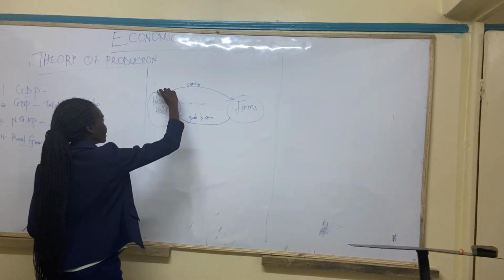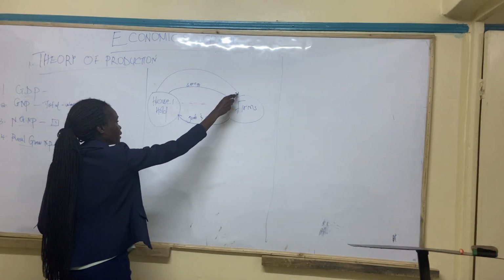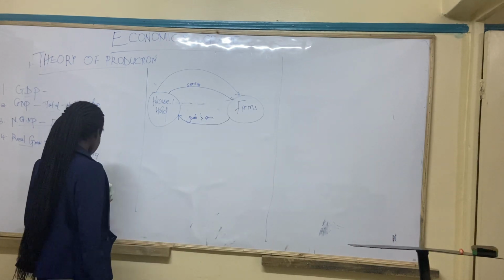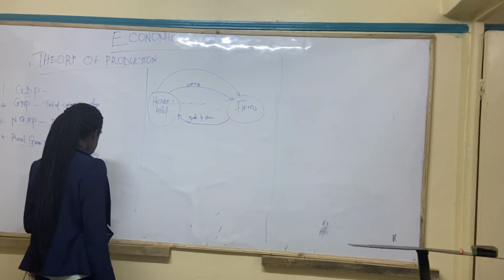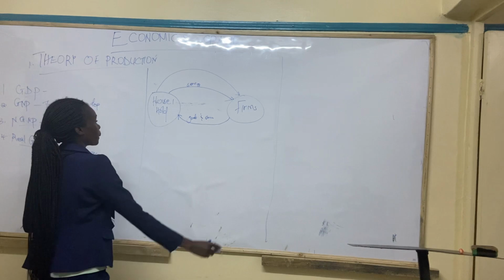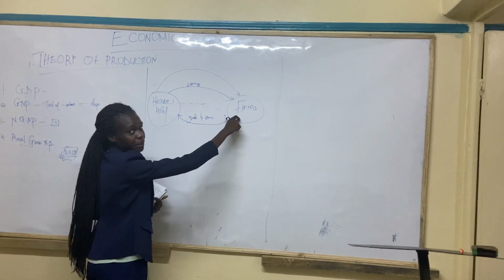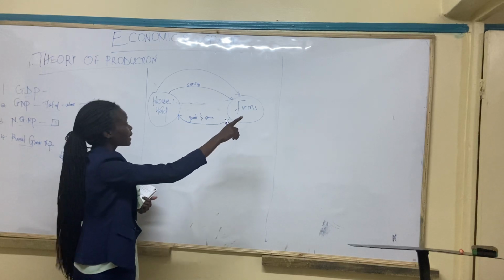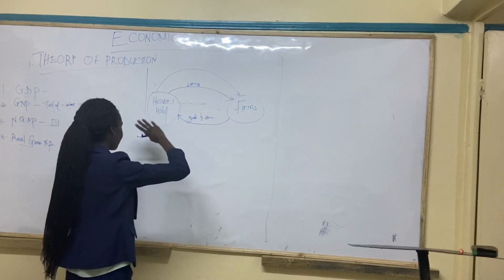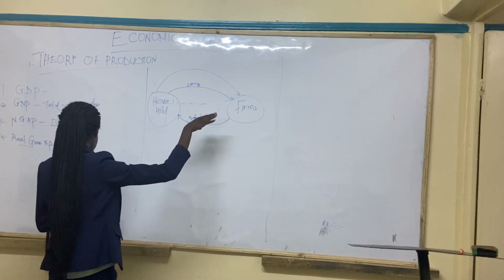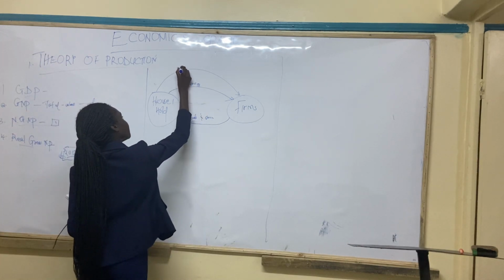There's another one. Households spend more on farms. Maybe they buy goods, they buy services, they buy everything from the farm. That is consumer spending.